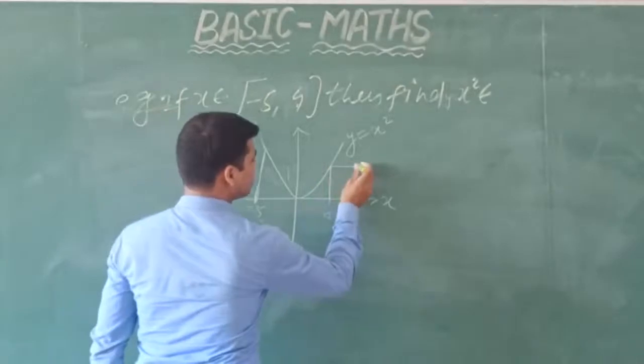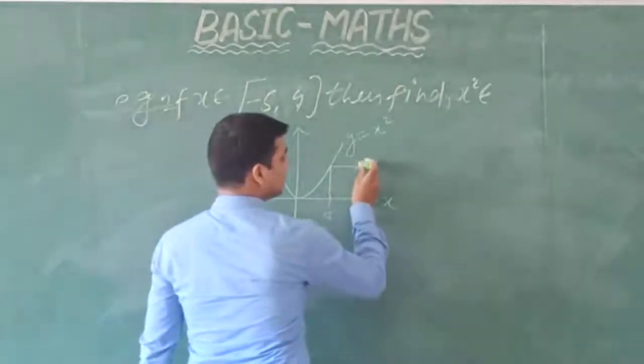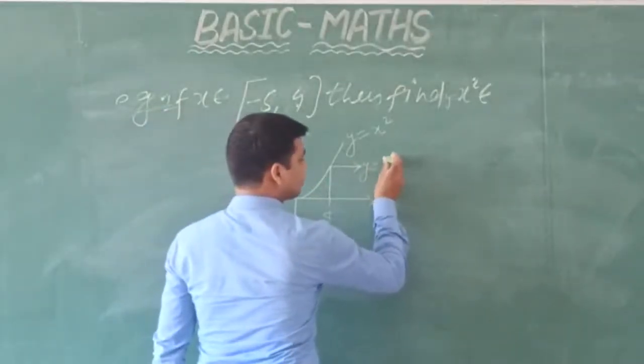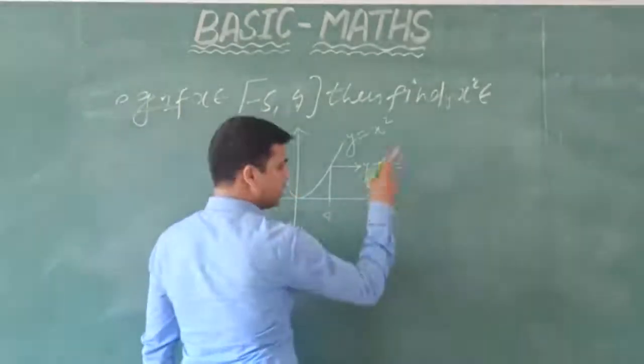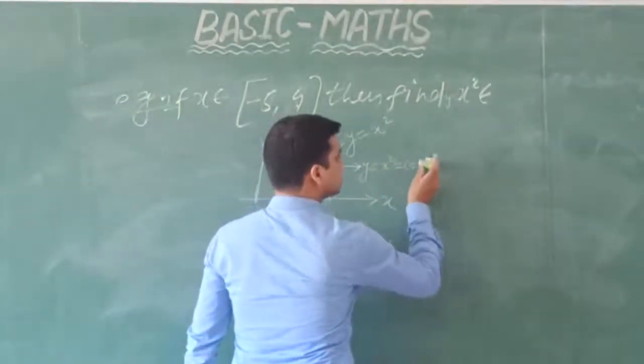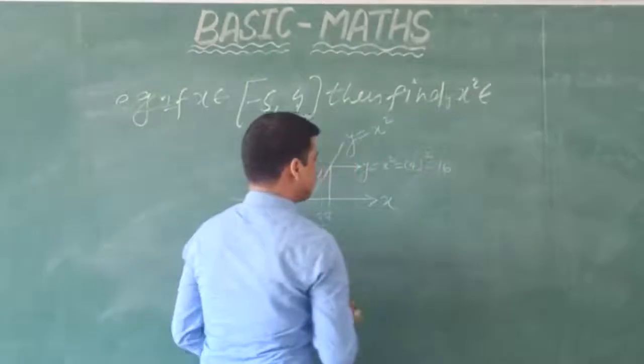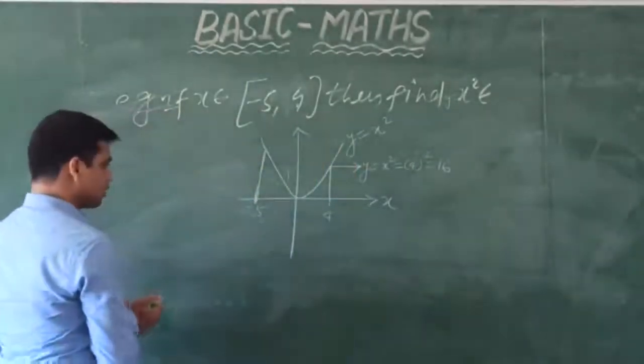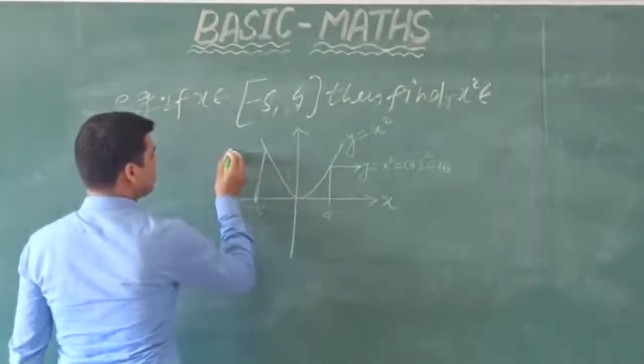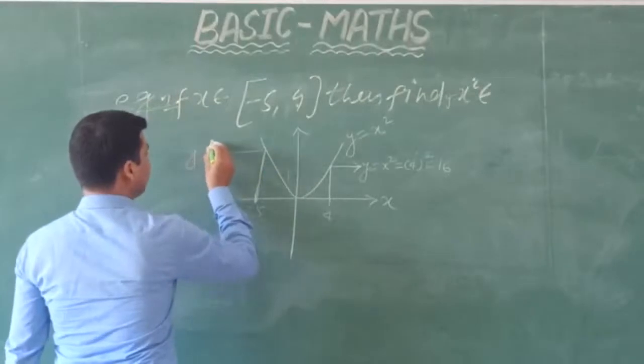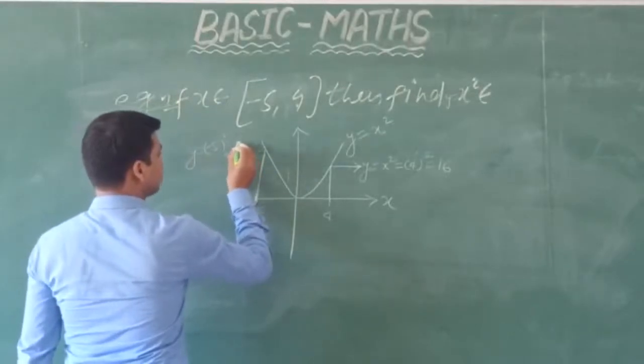Okay. So corresponding to this, this is the x value. So we know that this is the graph of y equals x square. So if you put this x value here, what will you get? 16. You will get here 16. Now see this here. If you are going to substitute this value minus 5, so what will you get here? Y equals minus 5 square means you will get here 25.